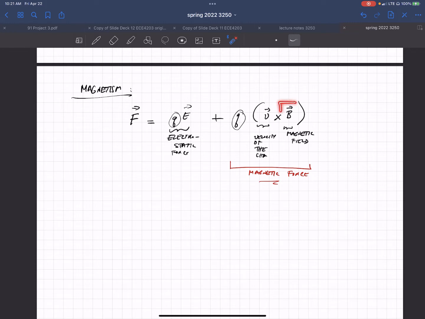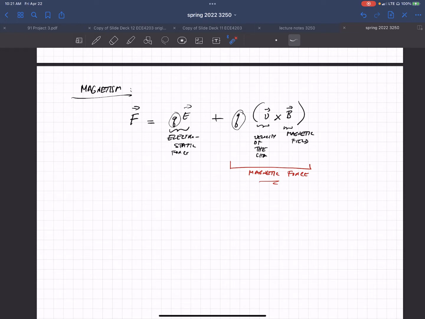So you're not only talking about the vector of the B field itself, but you also have to worry about the direction the charge is moving. That makes things quite a bit more complicated.